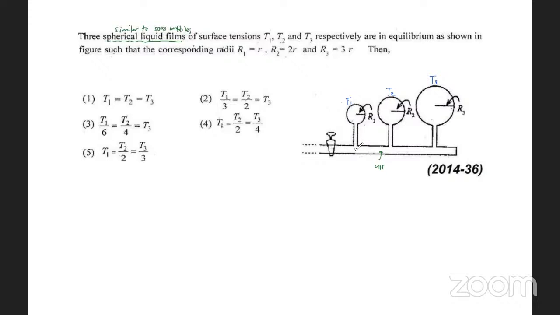If I take the pressure here as P, what is the pressure everywhere? If you take the pressure at this point as P, here also pressure is P, here also, here also. So inside, pressure is P everywhere. Understood? And what is the outside pressure? It is open to air, atmospheric pressure.